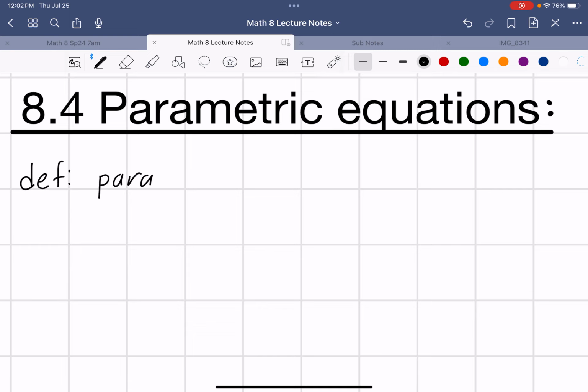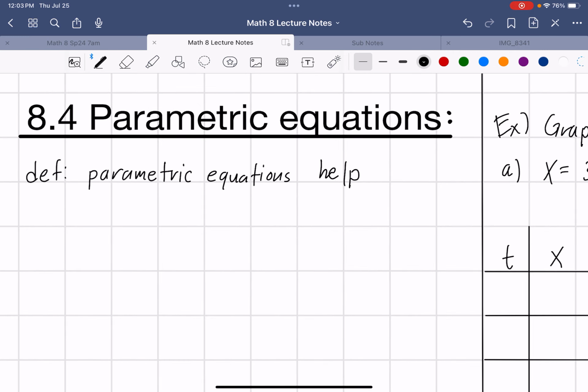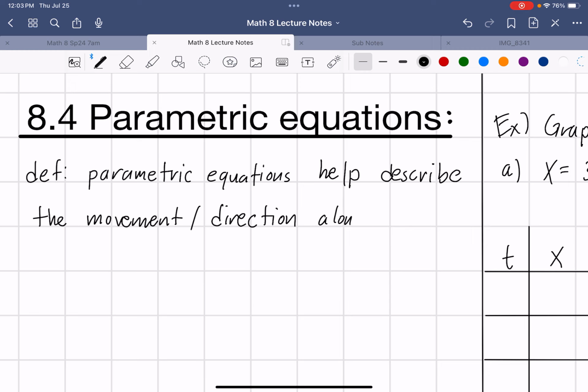So parametric equations help describe the movement/direction along a curve.